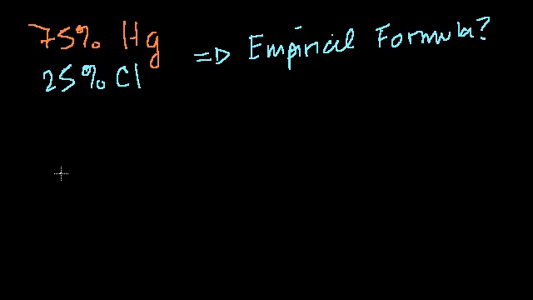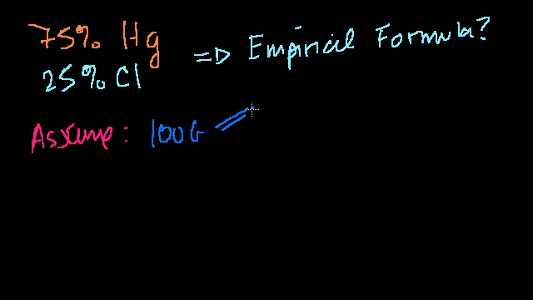The way to think about this is to assume that you have 100 grams of this stuff. The reason I'm picking 100 is because 100 is a useful number to deal with. If you have 100 grams, how many grams of mercury do you have?